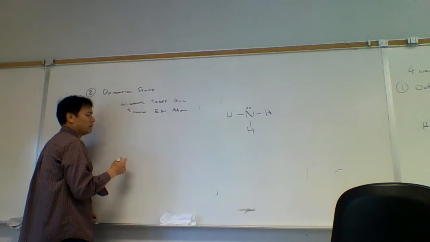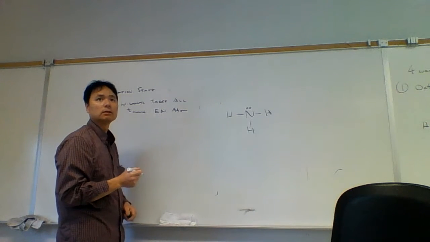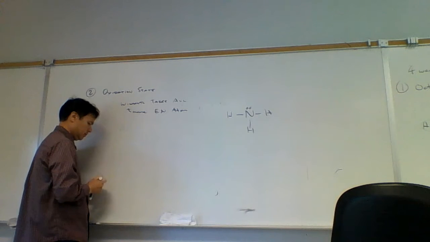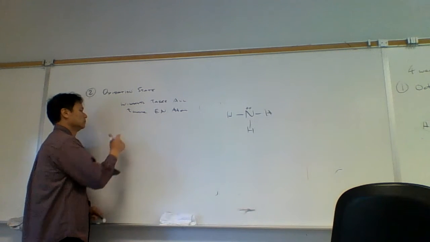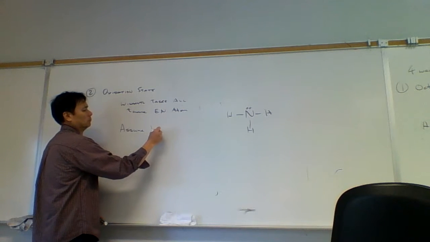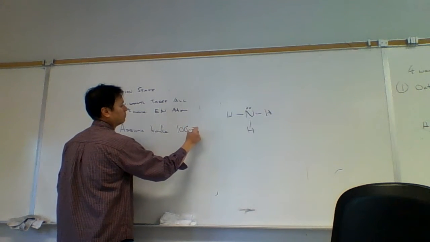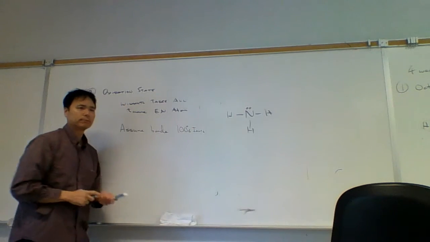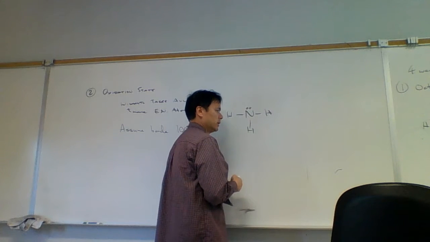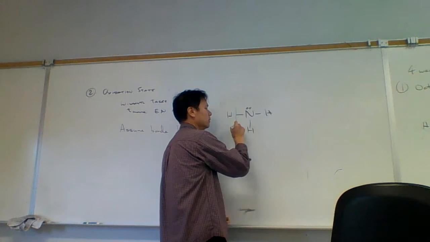We're assuming that the bonds are 100% ionic. There's no sharing. I know that's not really true because hydrogen will put up a fight, but it's going to lose here.